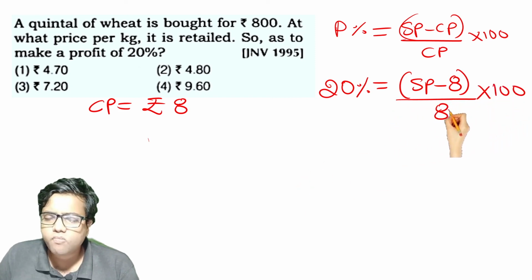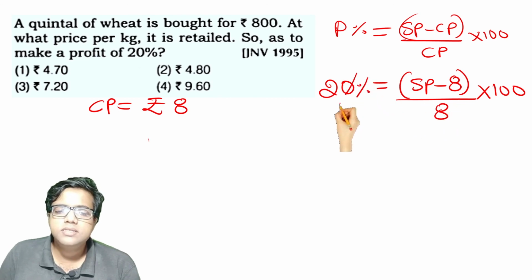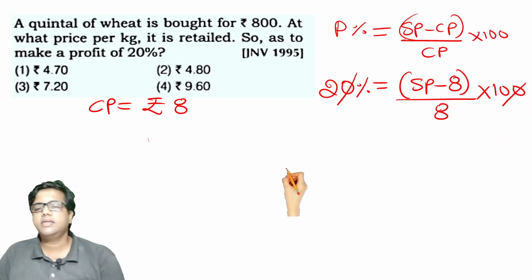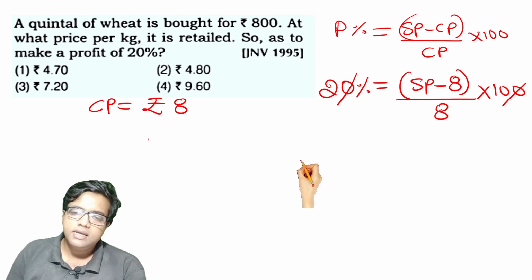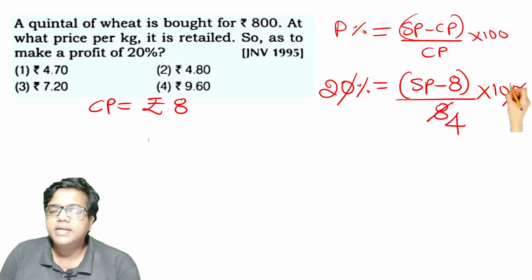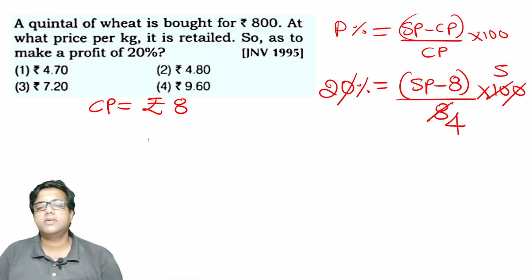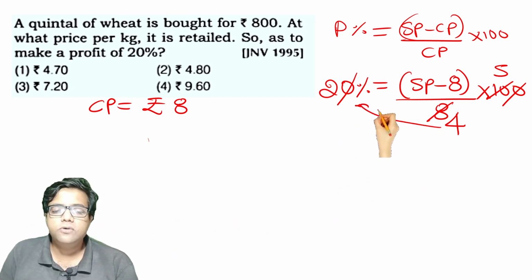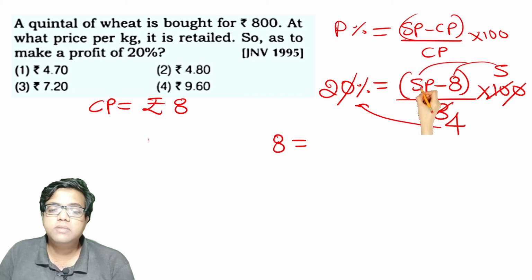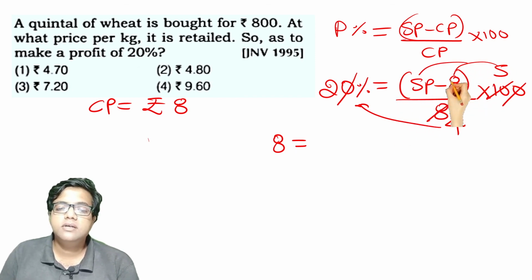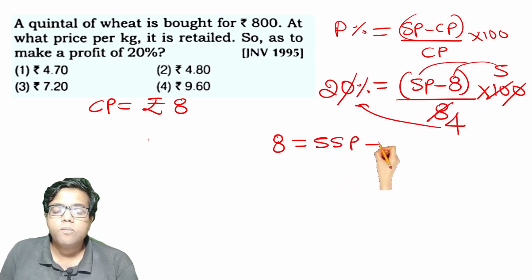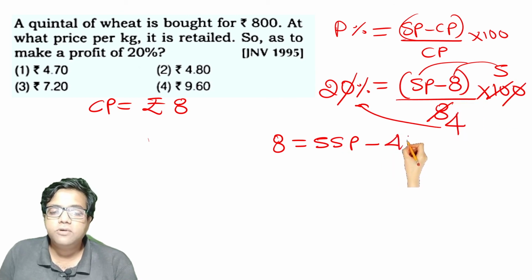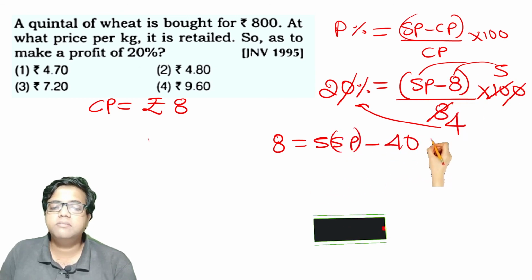So how can we do this? 1 0 goes away, and 2 4s are 8 and 2 5s are 10. 4 gets multiplied here, so 4 2s are 8. 8 is equal to, now this 5 will be multiplied to both the places here, so 5 SP minus 8 into 5 is 40. 5 SP minus 40.